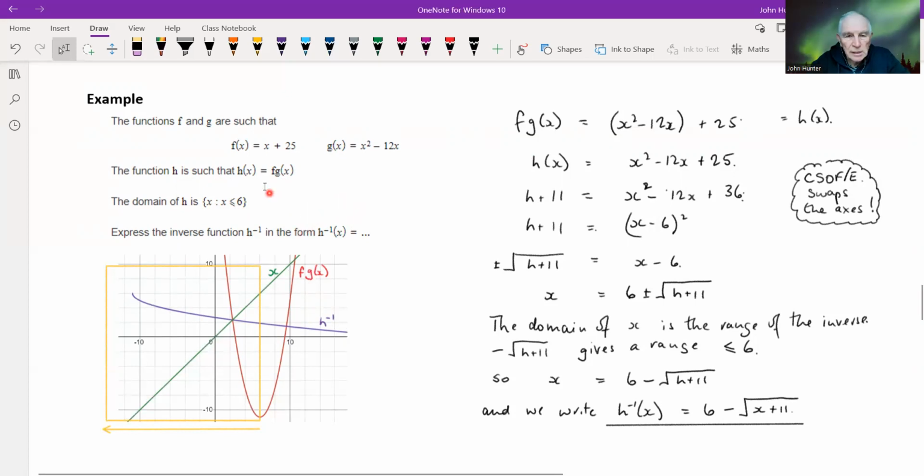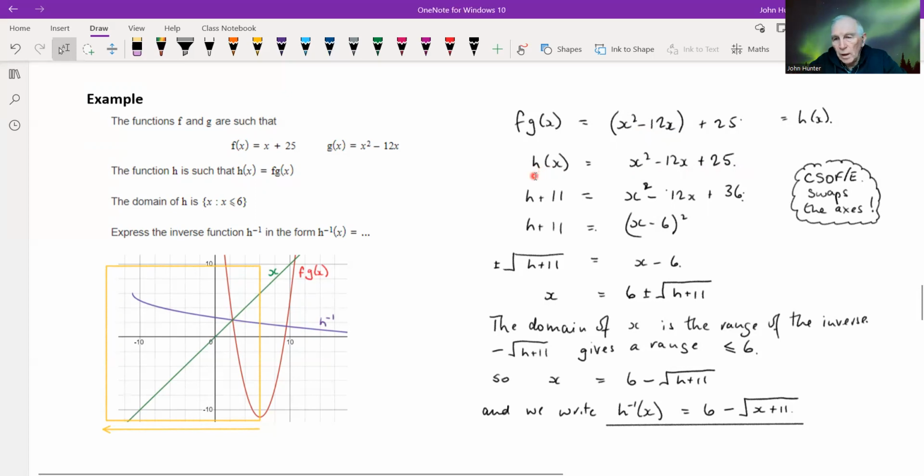Well, h is f of g of x, so let's work that out first. With f of g of x, we're taking g of x and putting it into every occurrence of x in f of x. And quite simply, that comes out to this function here.